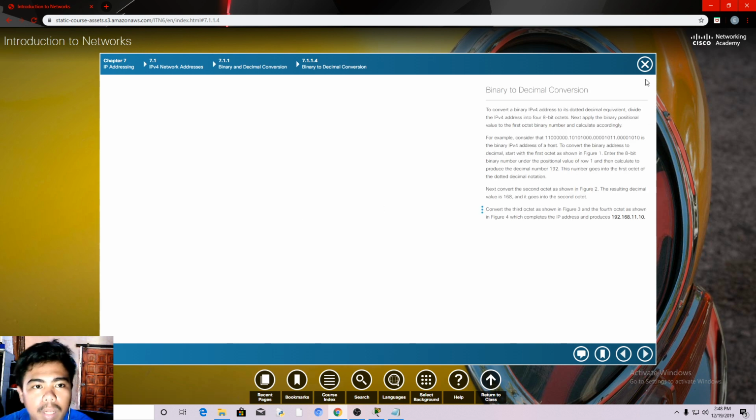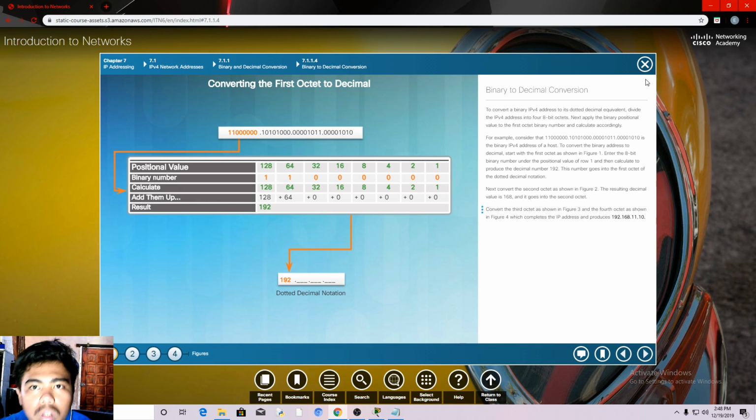Then the binary to decimal conversion. To convert a binary IPv4 address to its dotted decimal equivalent, divide the IPv4 address into 8-bit octets. Next, apply the binary positional value to the first octet's binary numbers and calculate accordingly.